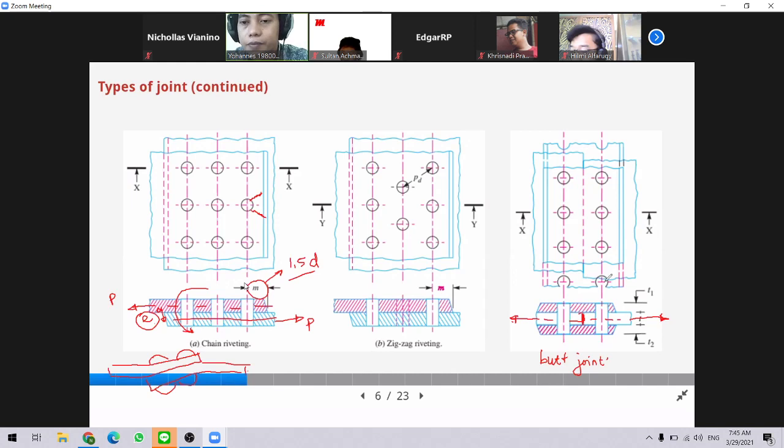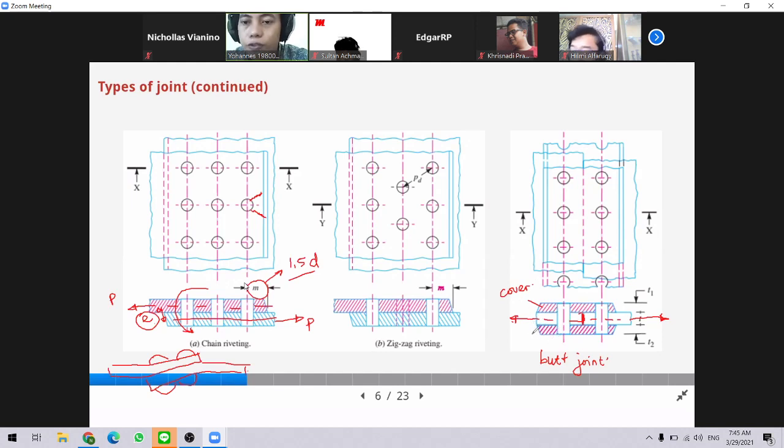But in order to have this kind of joint, we have to add another plate. We call this a cover.